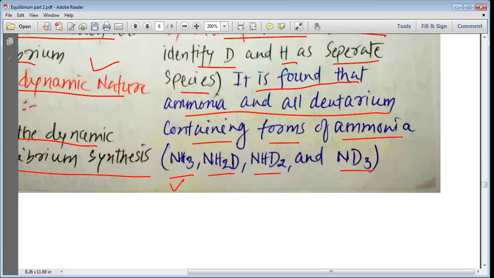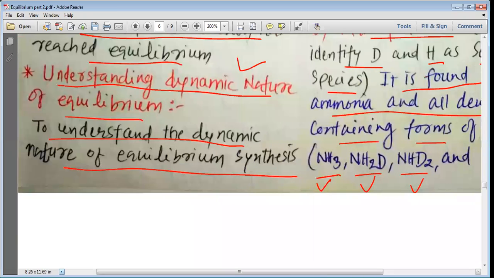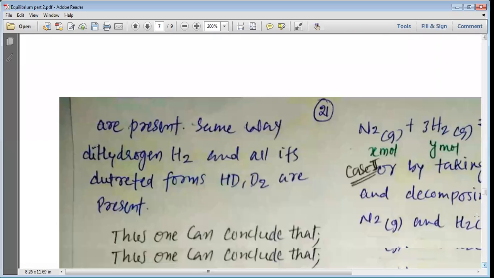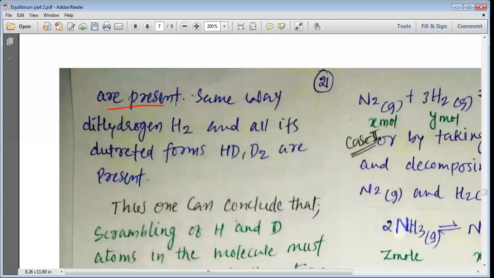Apart from ammonia, we can find NH2D, we can find NHD2, we can find ND3. So all the deuterium containing forms of ammonia are present in the equilibrium mixture.